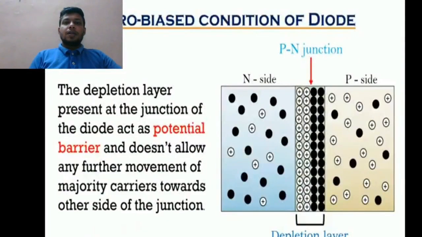Here we can see that this is the zero bias condition. It means that no potential or power supply is applied to this junction. This region is what we call the PN junction or the depletion layer.